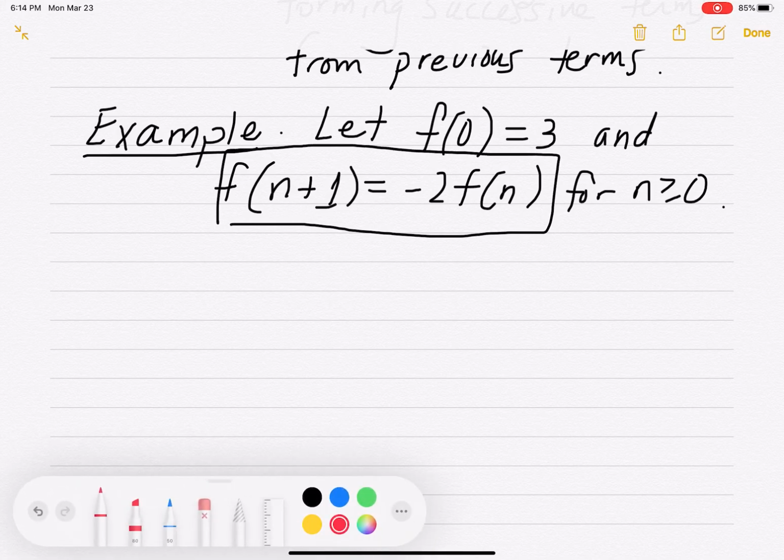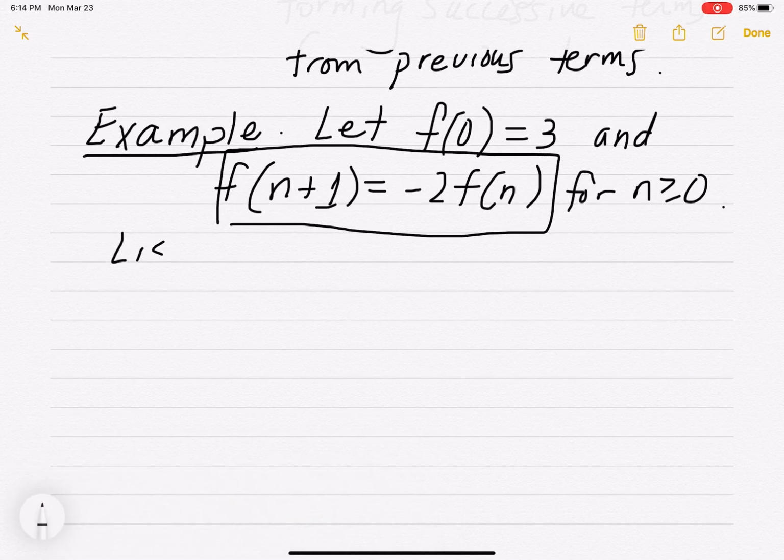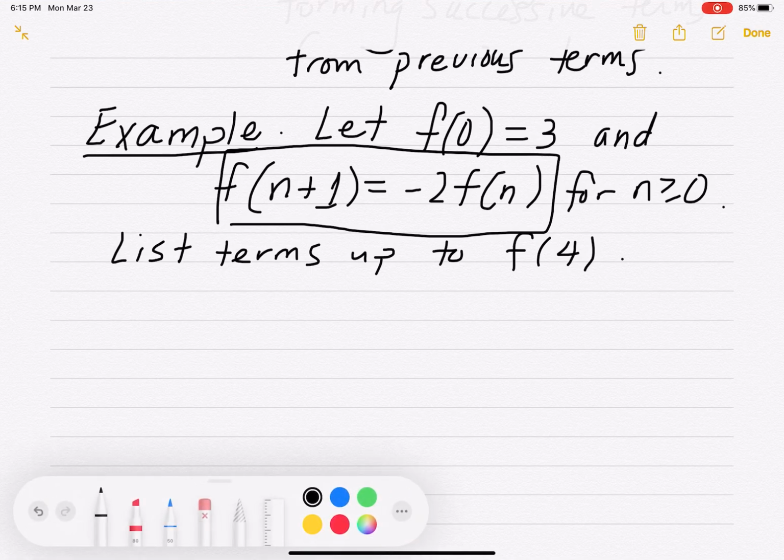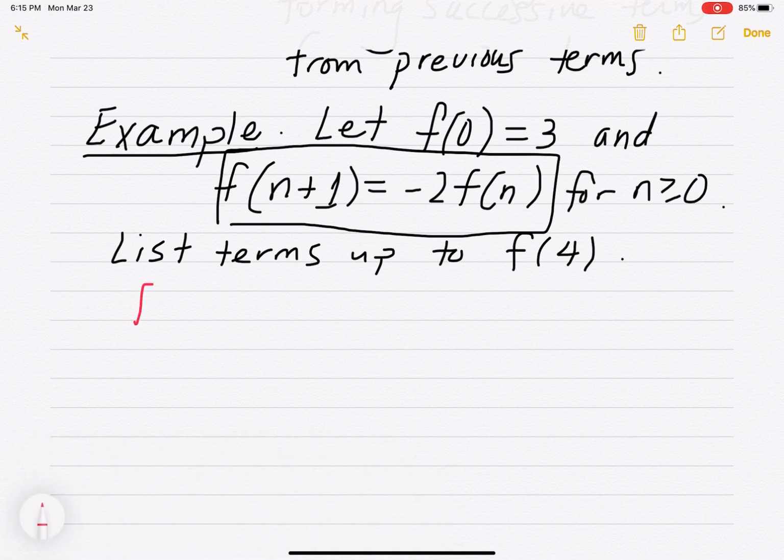So let's list terms up to f of 4. We already have f of 0, right? f of 0 is 3.